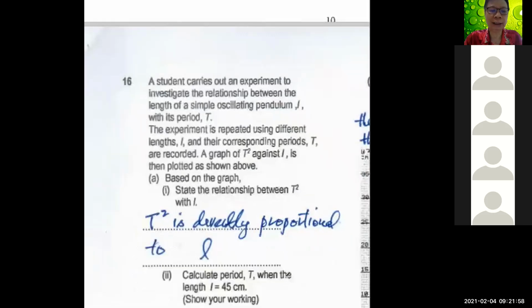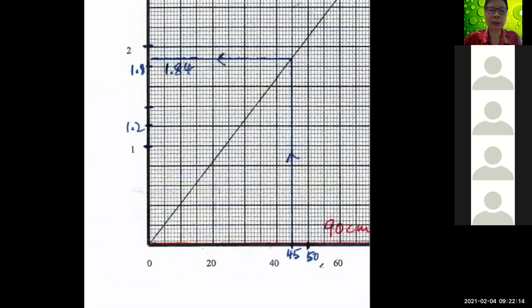The second part of the question: calculate the period T when the length is 45. Show your working. This is a standard statement in the SPM. Show your working on the graph. How to find the value of T when L is 45? L 45 is here. This is 40, this is 60, 50, so 45 is here.